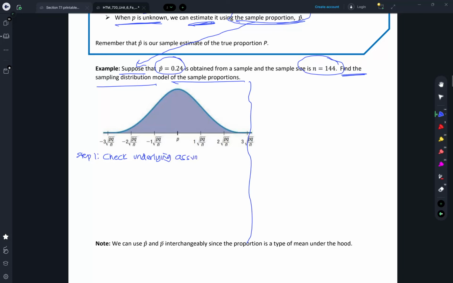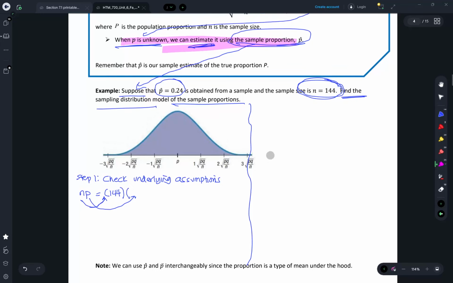To check underlying assumptions, I would like to check what my value of np is. My n is the sample size, which is 144, multiplied by p. Our p is unknown. According to what we established earlier, when p is unknown, we estimate that value using the known sample proportion.